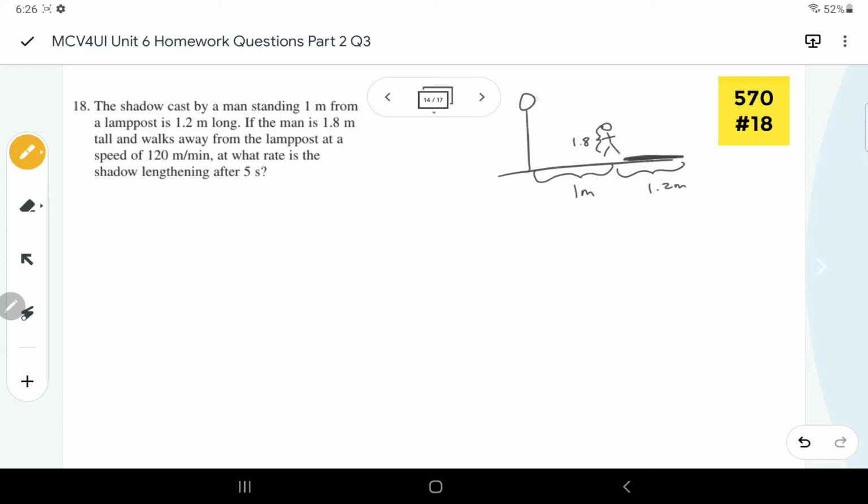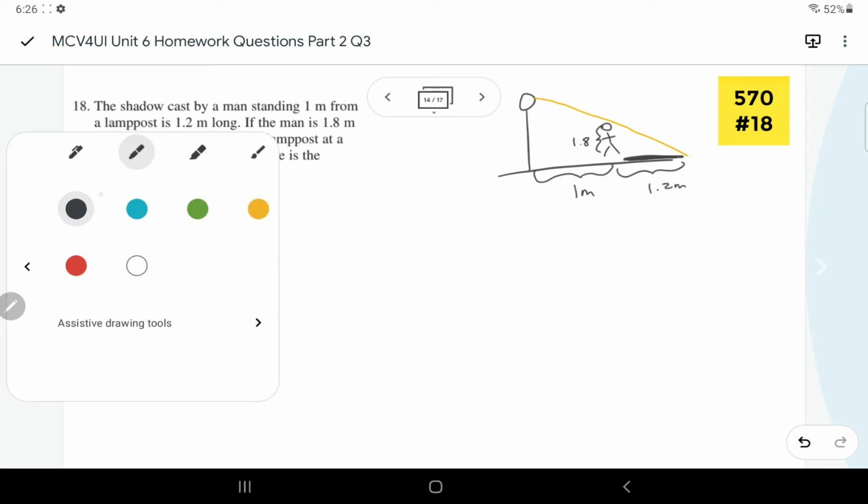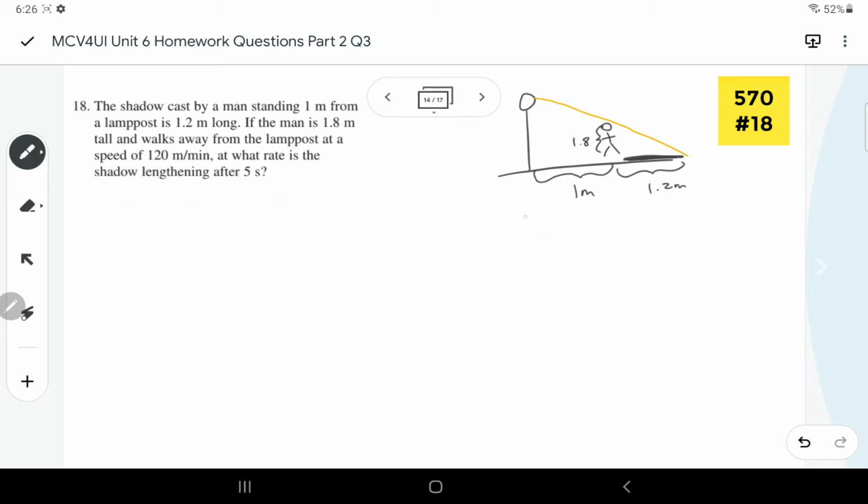So the light coming from the lamppost is making the shadow out there. And what we're going to need to know, what we're not given, but we can figure out, is the height of that lamppost, because that's going to be something that's constant. So that's going to be an important thing for us to know. So here, I would take a look at this in terms of a similar triangle.